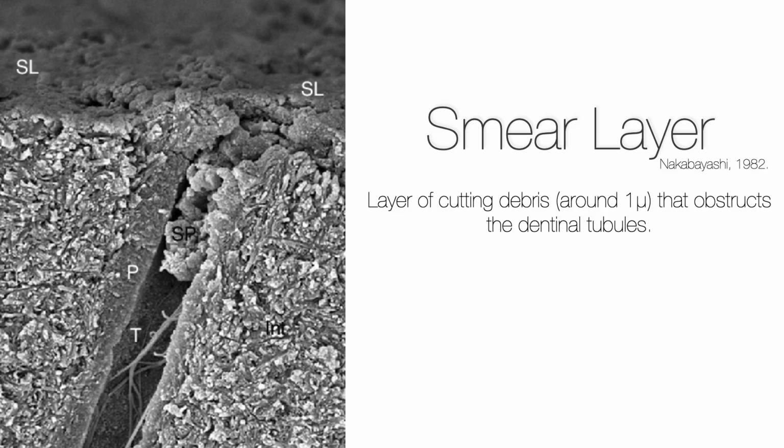It is a layer of cutting debris that obstructs the dentinal tubules and creates what are called smear plugs that can go from 1 to 10 millimeters in depth. It is known that the presence of smear plugs reduces dentinal permeability by 86%.